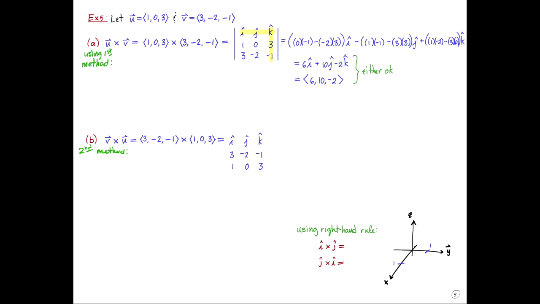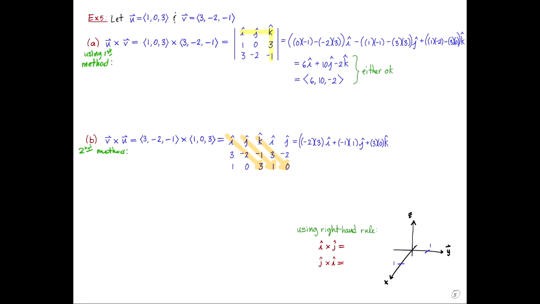Using the basket weave method, we want to copy our first two rows down again. We want the sum of the product of the down diagonals, which is -2 times 3 times I, plus -1 times 1 times j, plus 3 times 0 times k.